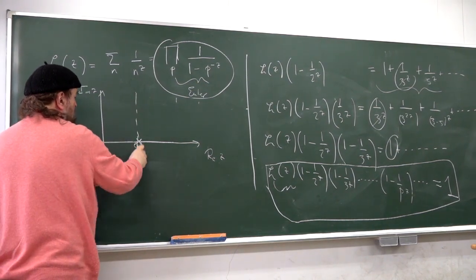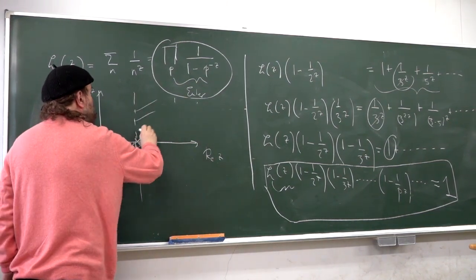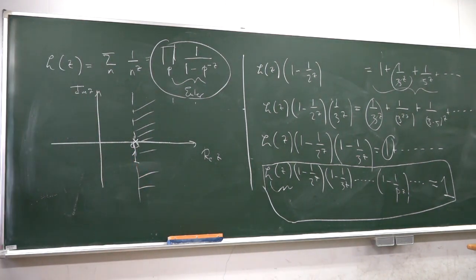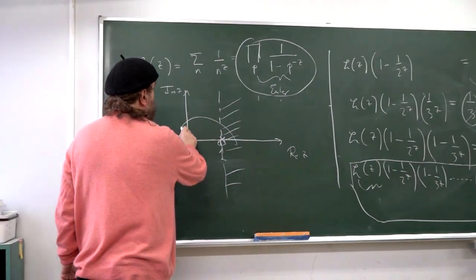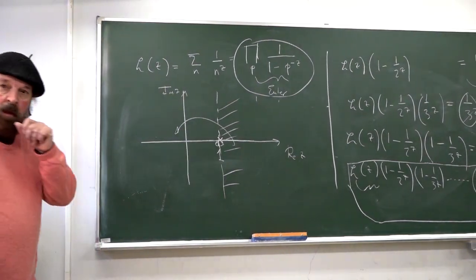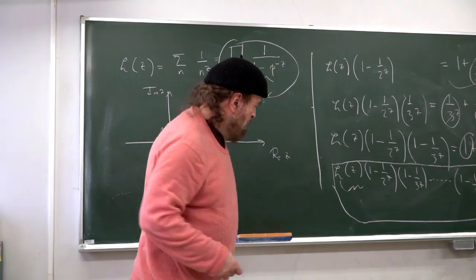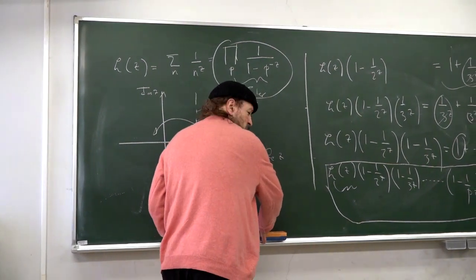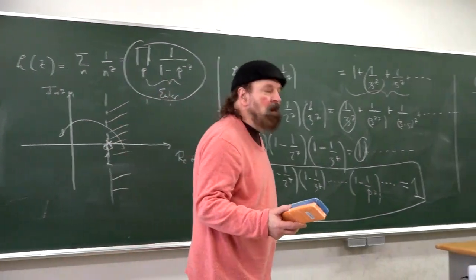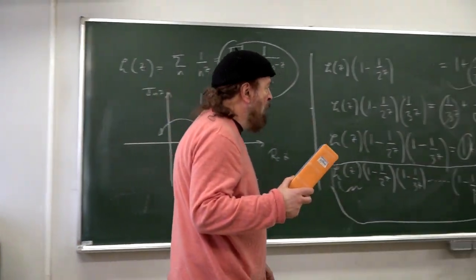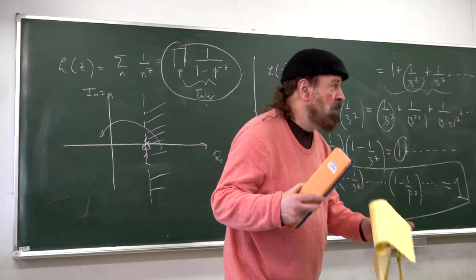So what Riemann did is perform an analytic continuation to the whole complex plane. And I'm just going to give you the expression for what people call the completed zeta function. I'm going to write down the analytic continuation.